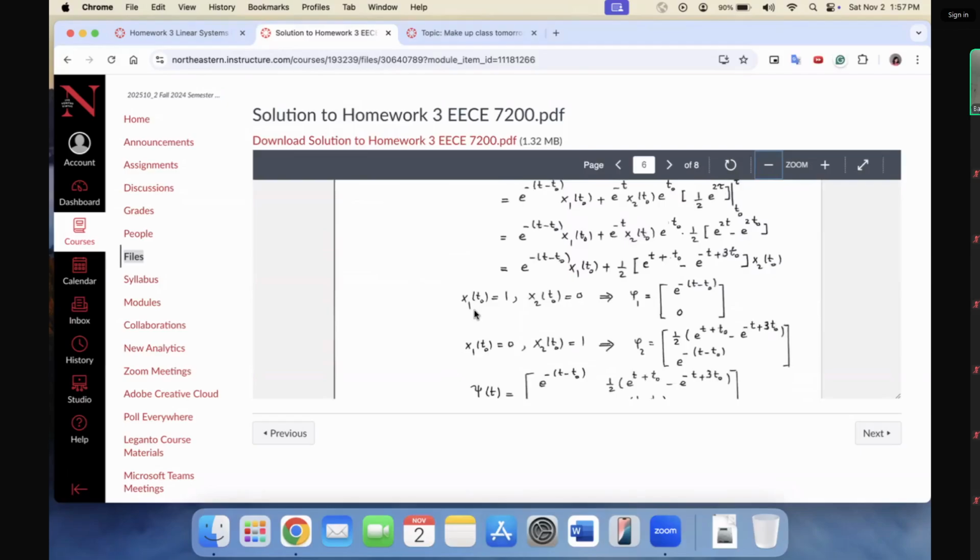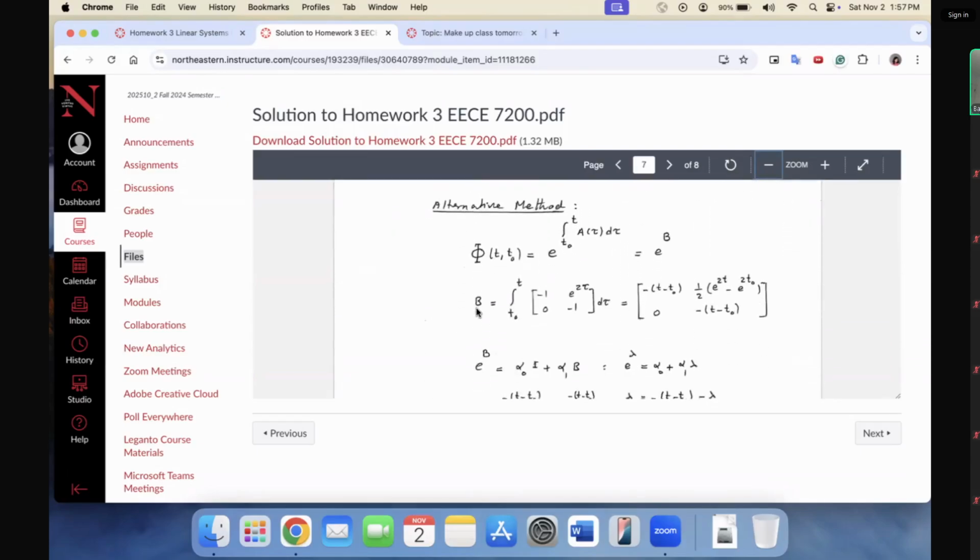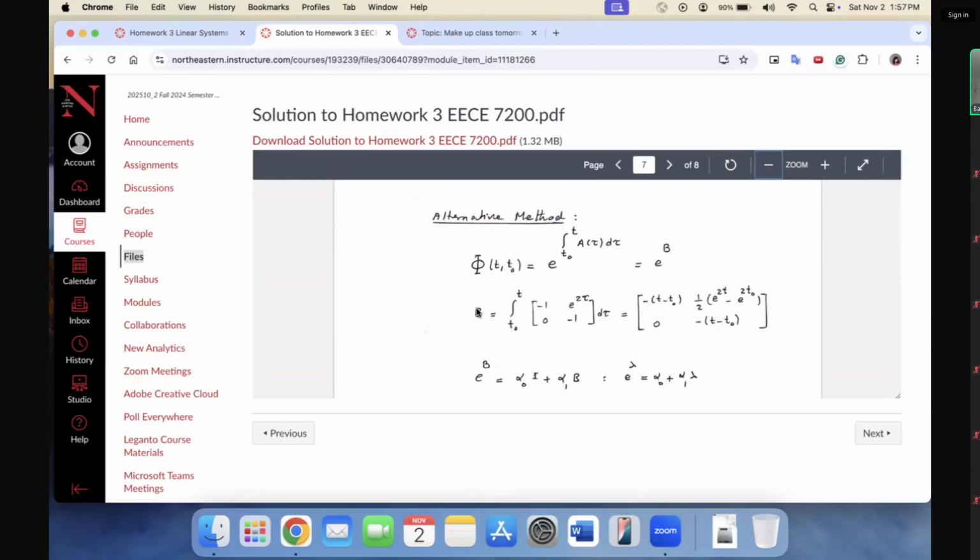The second one with Cayley-Hamilton is an alternative method, assuming that the commutative property is satisfied. For this example, it turns out that the commutative property holds: the integral of A times A equals A times the integral. If that is satisfied, then you can use this alternative method. In general, the alternative method works only when that commutative property is satisfied.